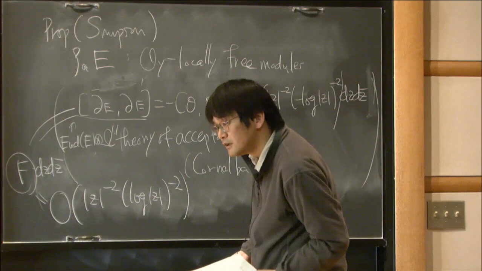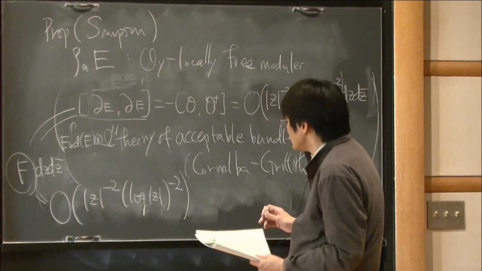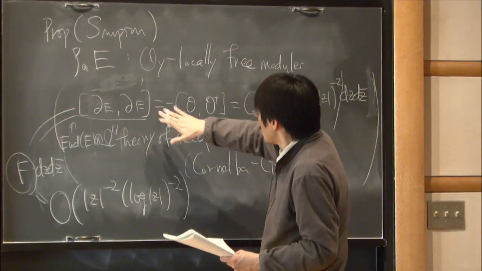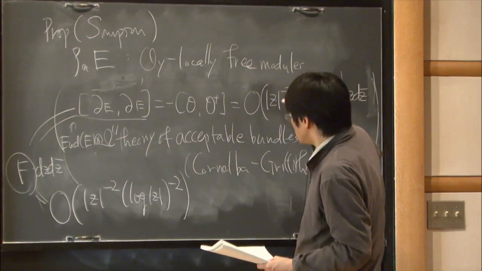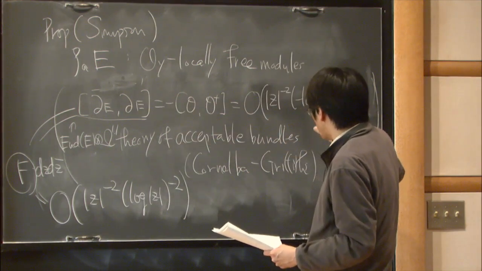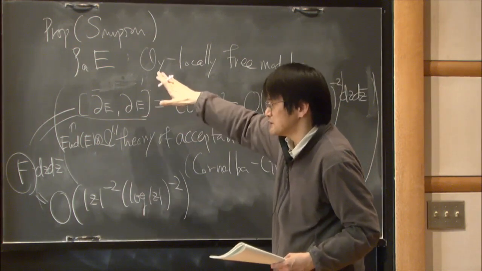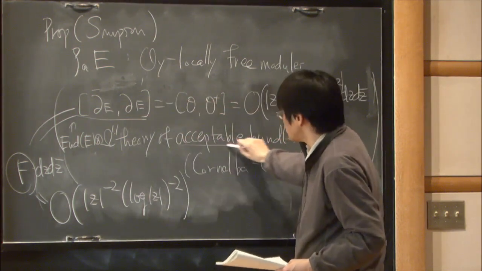Is it the definition of acceptable? Yes. If the curvature is bounded with respect to the Poincare metric, then such a holomorphic vector bundle with Hermitian metric is called acceptable.